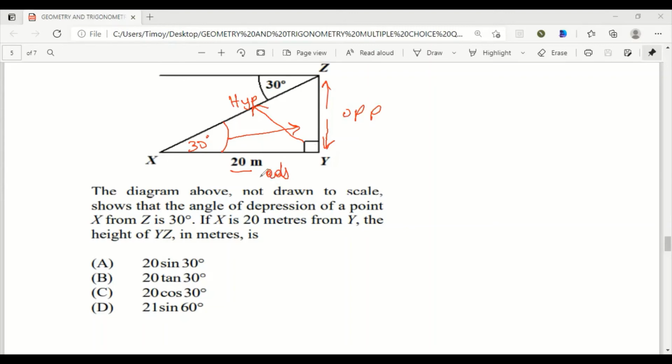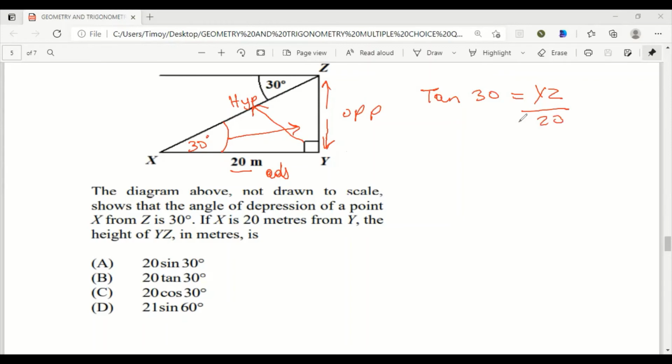So which one of the ratios fits this information? We have the opposite and the adjacent. So opposite, adjacent, that's a tangent. So we can see that tangent of 30 degrees is equal to the opposite length. What's the opposite length? That's just yz, divided by what? xy, which is just 20.